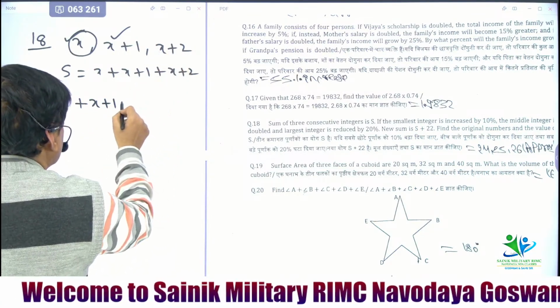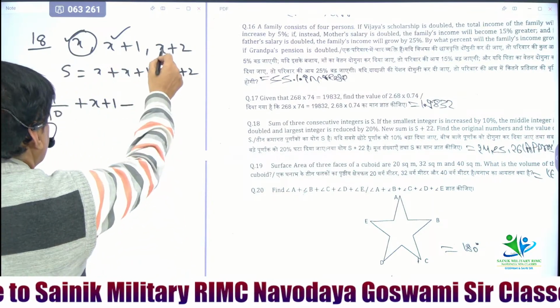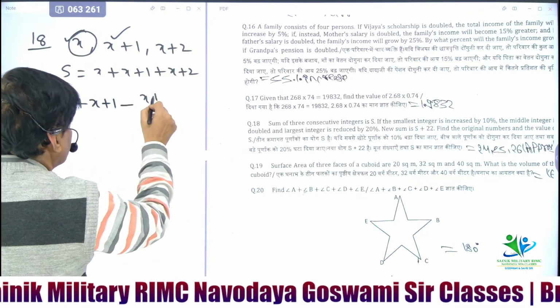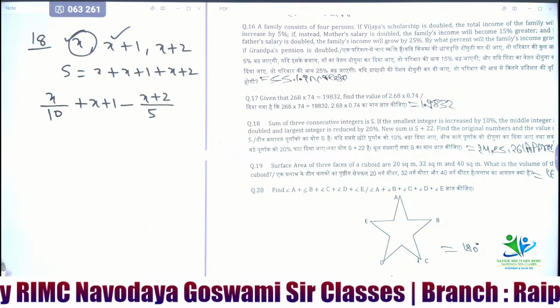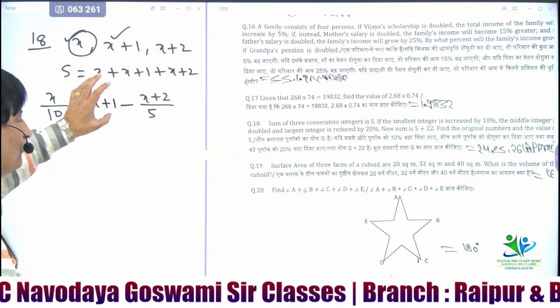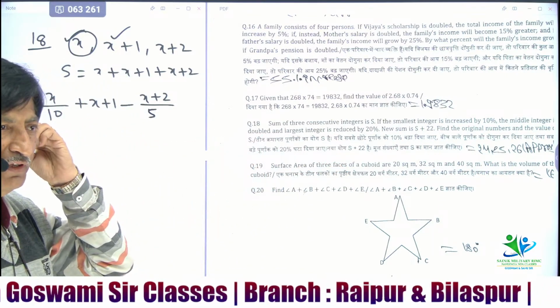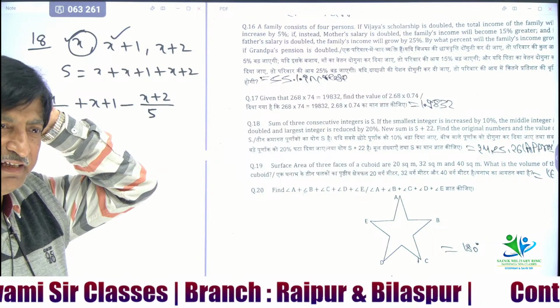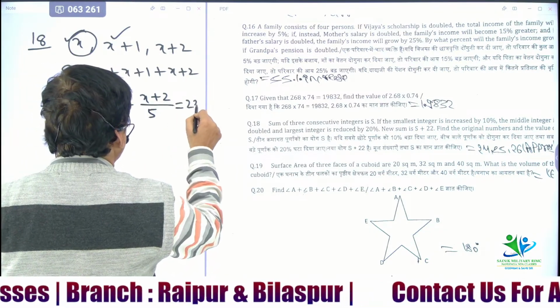And also the third one is reduced by 20%. Calculate the 20% of this one, that is x plus 2 by 5. This is the final change, and due to this change the sum is 22 more. Because previously the sum was S, now the sum is S plus 22.